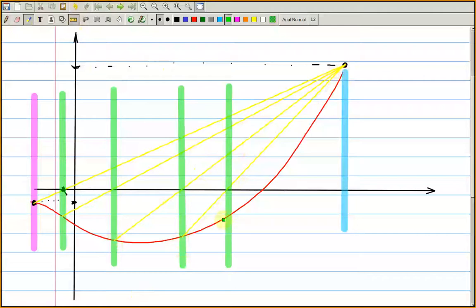Again, the right piece is still two negatives, and the left piece would be a negative and a positive.